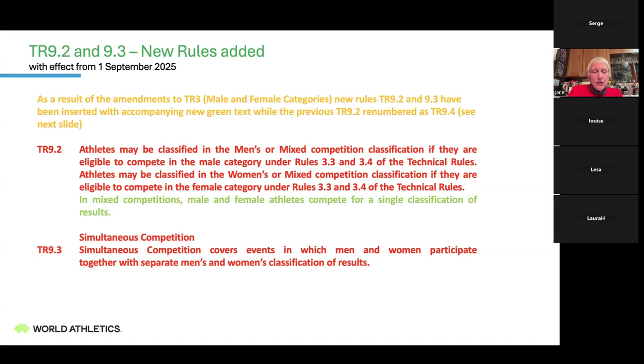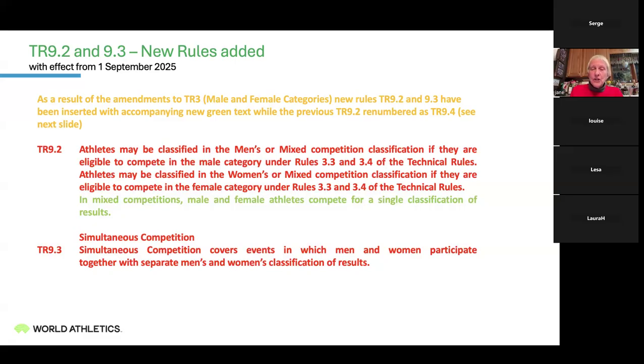9.3 is new now. Simultaneous competition covers events in which men and women participate together with separate men's and women's classification of results. So think about the 5,000 or field events where you don't have enough athletes of male or female to carry out the competition.